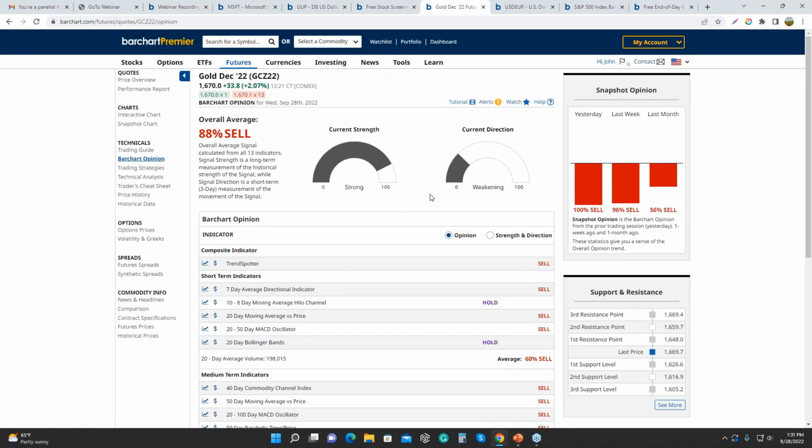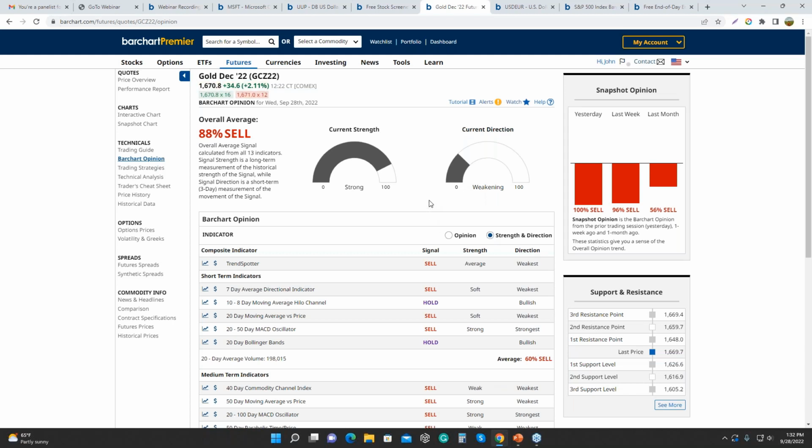But again, if I'm looking at gold as like a race car here, what do we see? Our current strength, our overall signal is still down. It's just that our momentum in the short term, as we just saw in the chart, is slowing a little bit, or it's weakening.